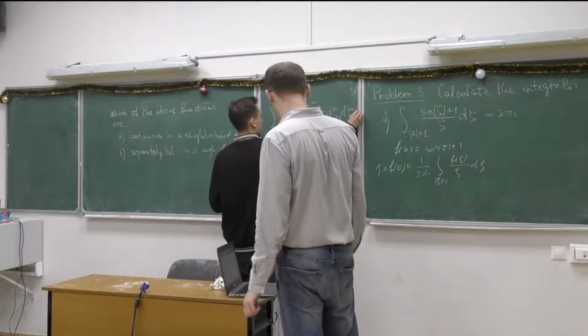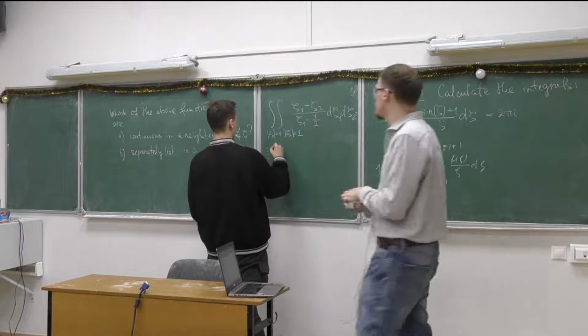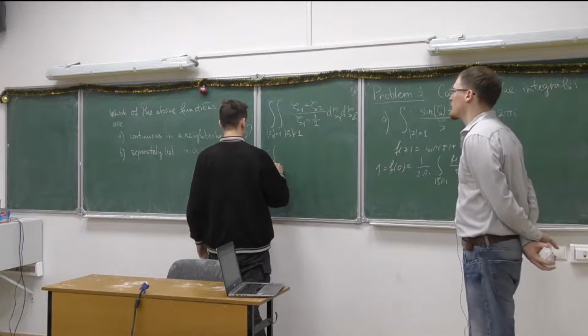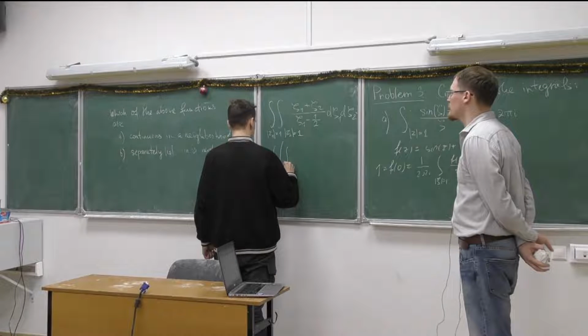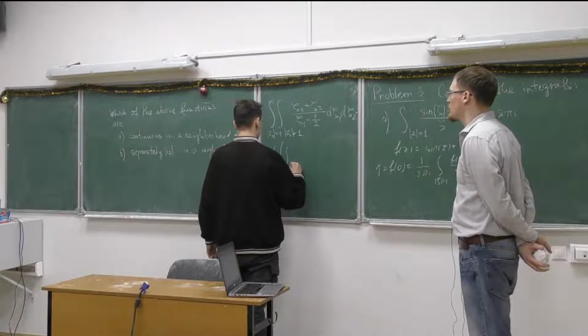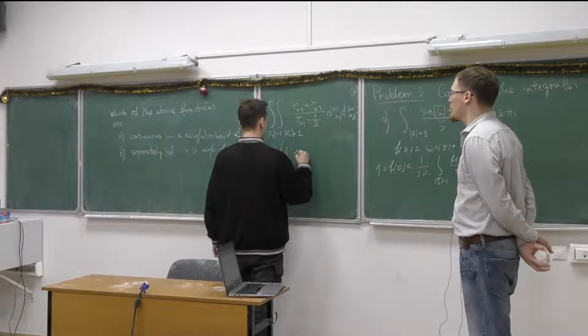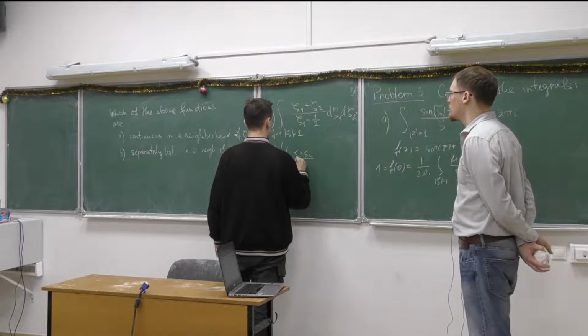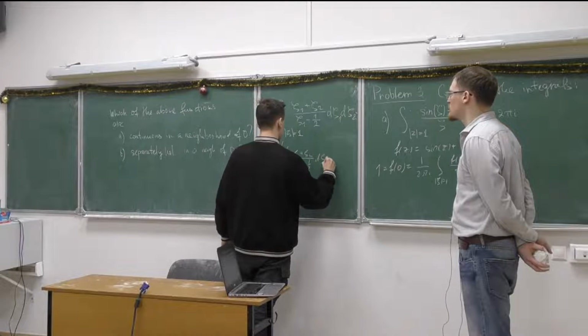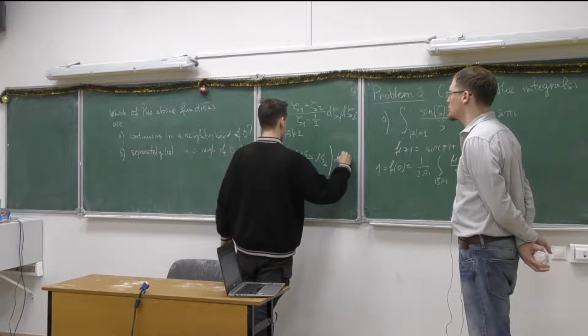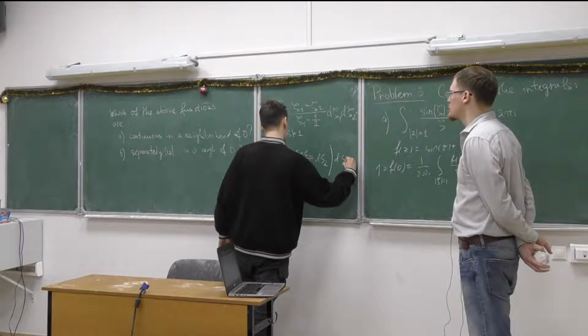So this thing is like, and then it's the integral, first one z1 over z1 dz2. We decided, right? Yes.